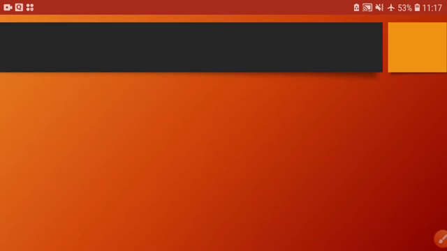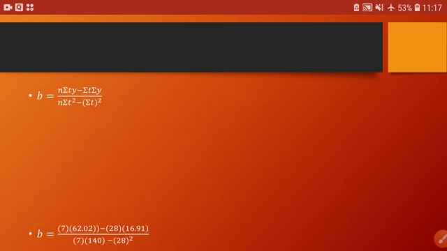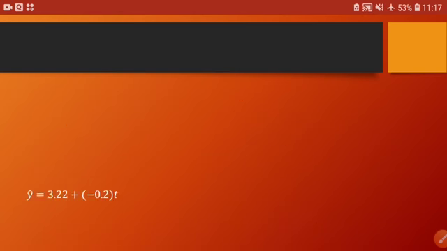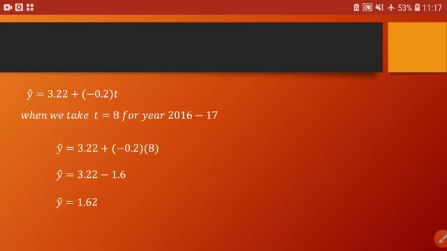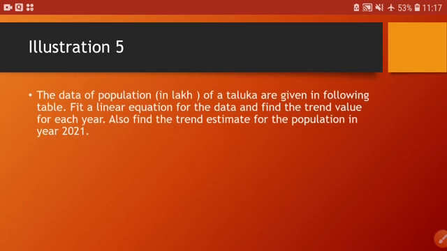Then we have seen illustration 4 also. So now we are not going in that direction. Now come to illustration number 5. Take your book and pen with you. We'll be solving this sum.